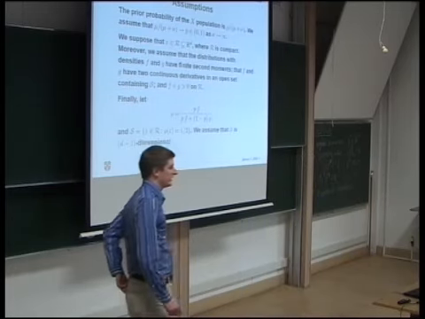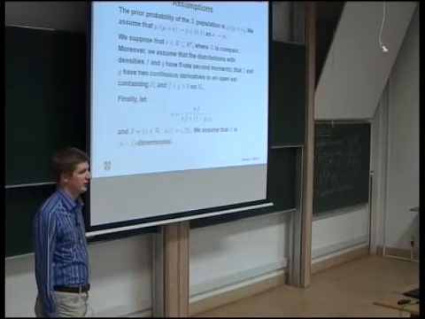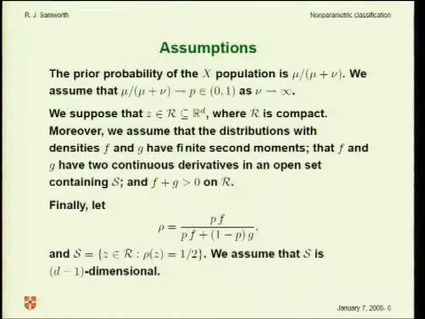This page has some slightly technical assumptions that I don't want to get too bogged down in, but we want to let these sample sizes mu and nu diverge at approximately the same rate. Mu over mu plus nu converges to some p which lies strictly between 0 and 1.